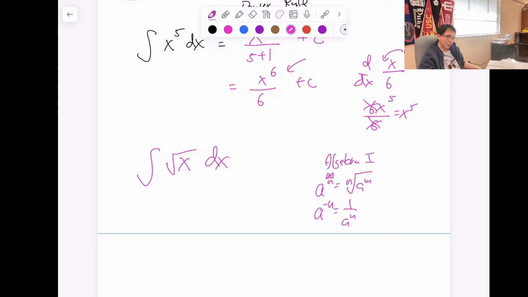You're going to have to use this rule consistently all the time, or 1 over a to the negative n equal to a to the n over 1, something like that. A lot of the time you're going to use this rule in algebra, and maybe the quotient rule as well. It looks like I'm learning.